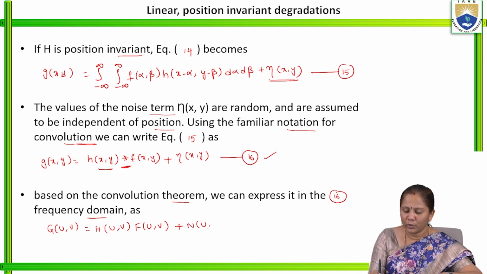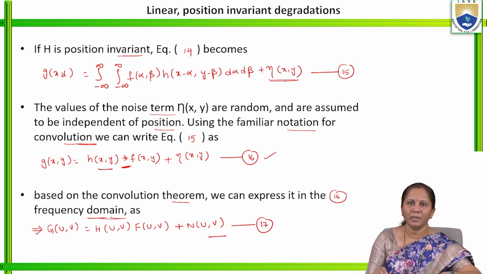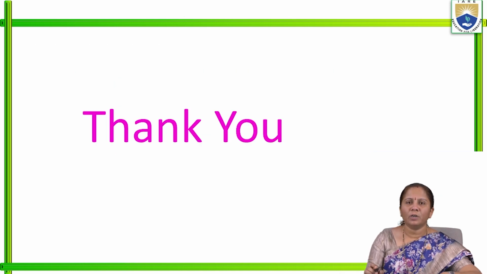Consider this equation number 17. This equation represents the frequency domain of the degraded image G of u comma v in the presence of additive noise N of u comma v. So this is about the linear position invariant degradation.